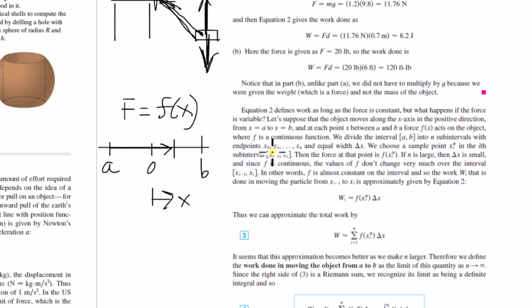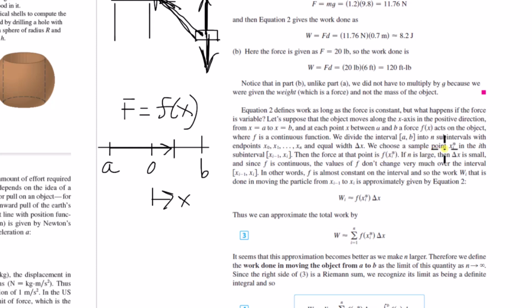The endpoints of the subintervals are x0, x1, and so on. The way it's set up, x1 is the right endpoint of the first interval, x2 is the right endpoint of the second subinterval, with equal width delta x.